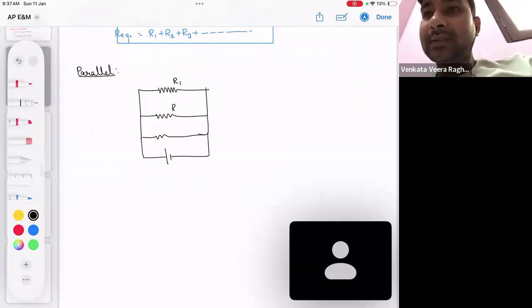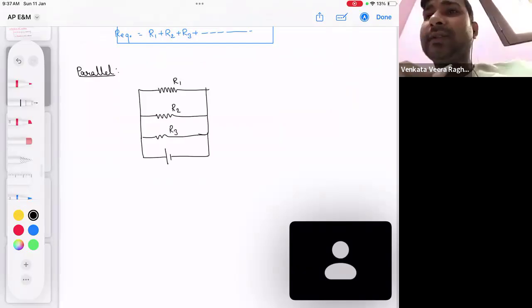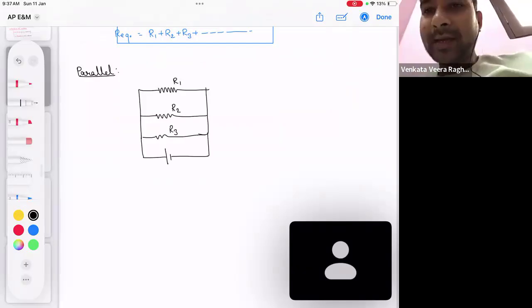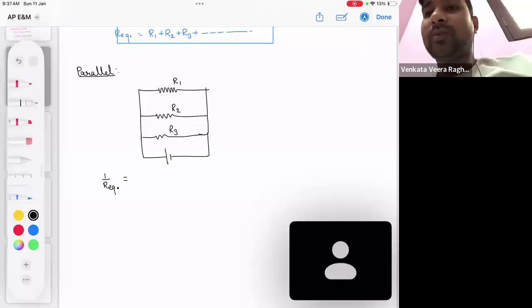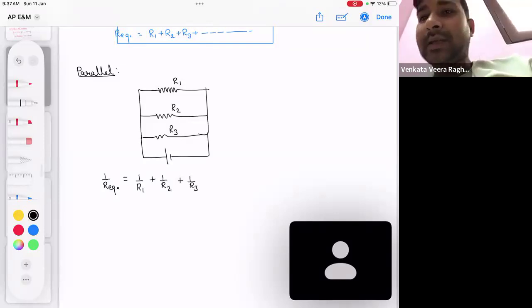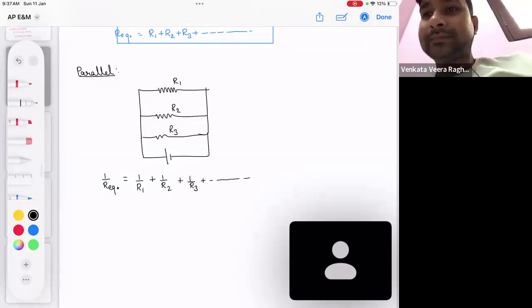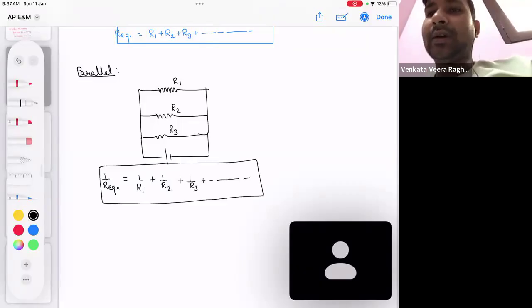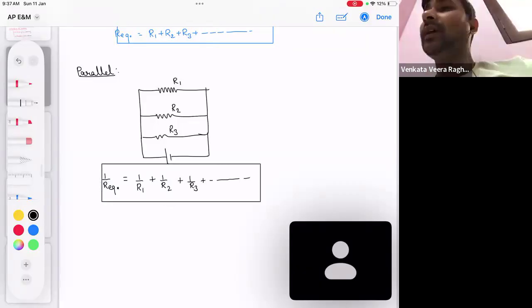Let's say this is R1, this is R2, this is R3, like this. So here what is the parallel equation we will get? 1 by R equivalent equal to 1 by R1 plus 1 by R2 plus 1 by R3, like that. That is called the parallel combination of the resistors.